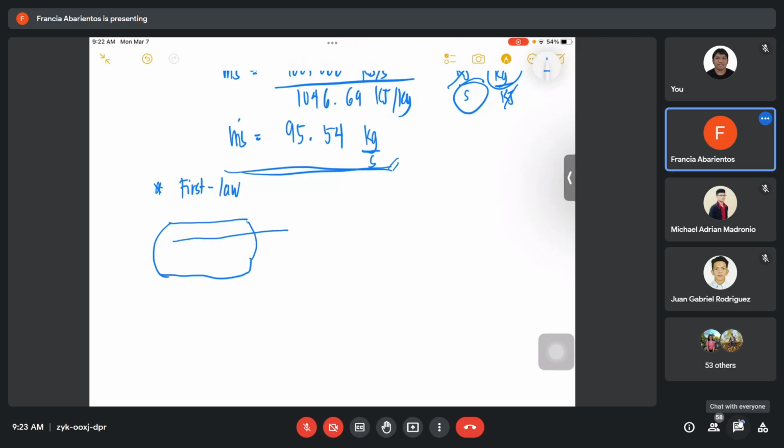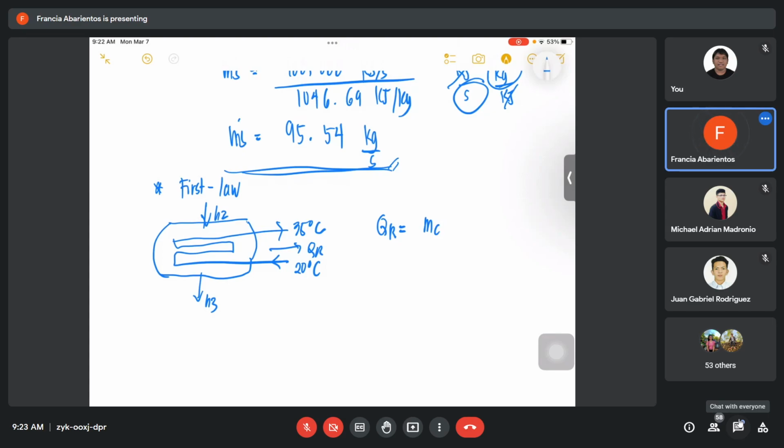Entering 20, leaving 35. Okay, H2, H3 may heat rejected. We all know that heat rejected is just equal to the MCP, the mass of the water.